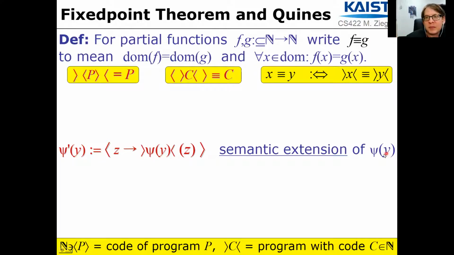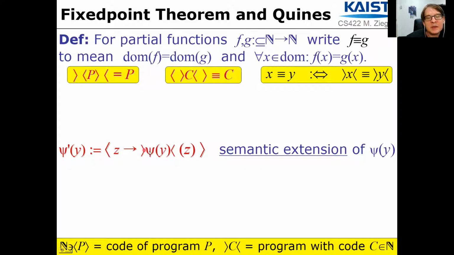Now we're doing all this in order to also cover the case where psi of y is undefined, in case psi is a partial function. What happens then? If psi is a partial function, then maybe psi of y is undefined. Whereas if psi of y is undefined, then this expression is undefined, but following our convention, this undefined expression interpreted as a program means we interpret it as a trivial program, which either just stops immediately or which deliberately enters an infinite loop and never returns.